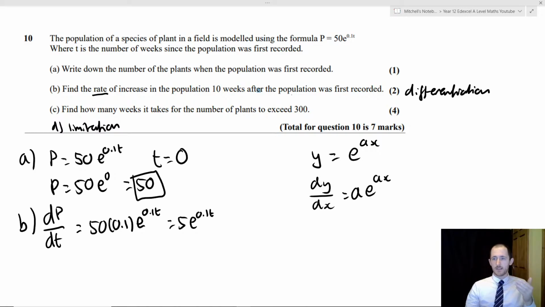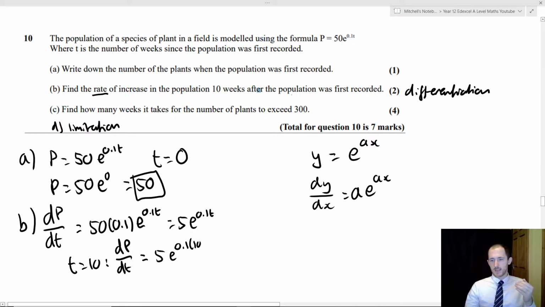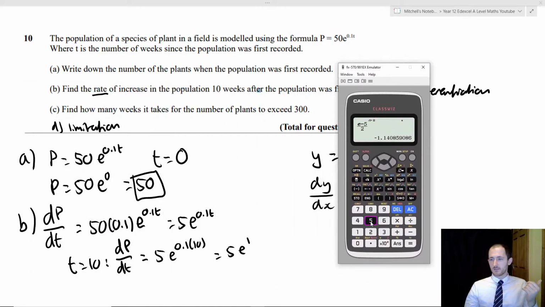Now it says 10 weeks after the population was first recorded. So when t equals 10, dP/dt equals 5 e^(0.1 times 10). So in other words, it's 5 e^1, which I actually have to use a calculator for, because it's going to be 5 times e, so 13.59.